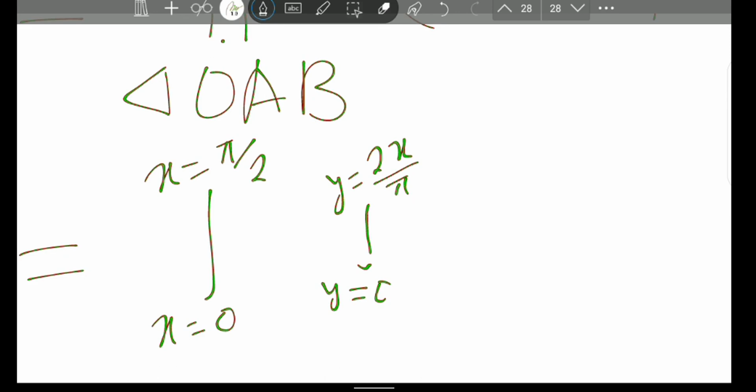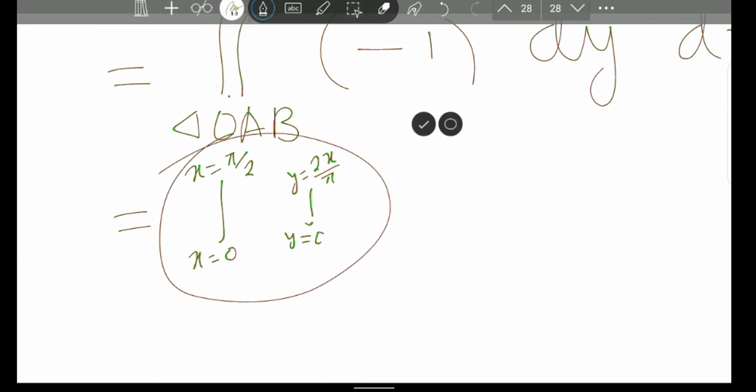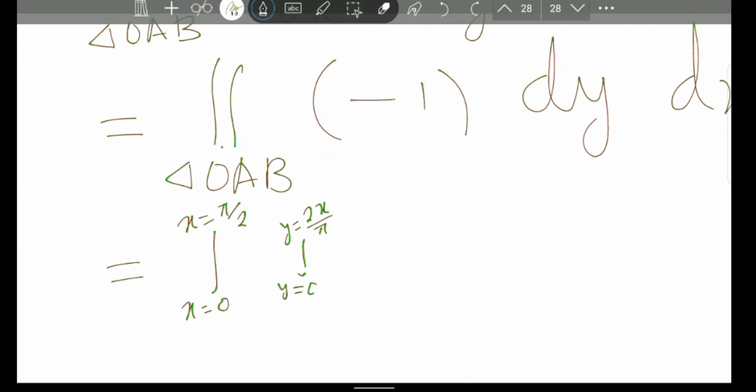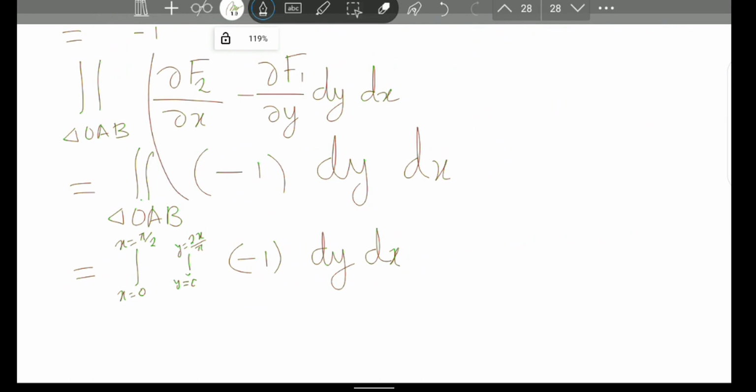That's exactly how you can carve the triangle OAB. And you have minus 1 dy dx, that's del f2 by del x minus del f1 by del y, which is minus 1.